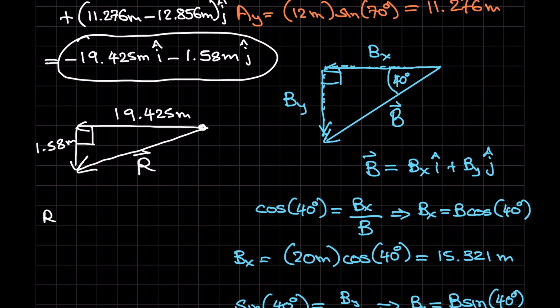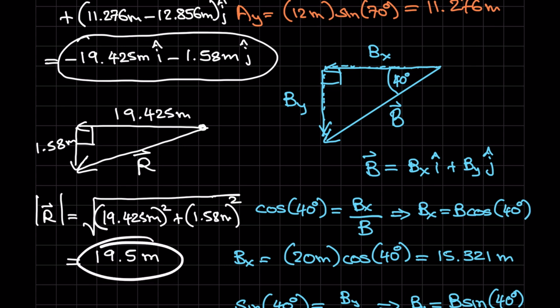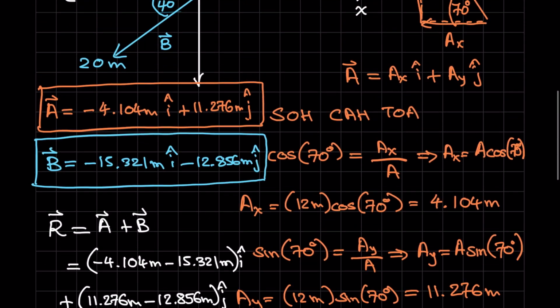So if you ever want to find the result's magnitude, all you have to do is use the Pythagorean theorem. You take 19.425 meters, square it, add that to the square of 1.58 meters, and you should get 19.5 meters, and that's the magnitude of the vector R. Now, you might want to know what that angle is as well.